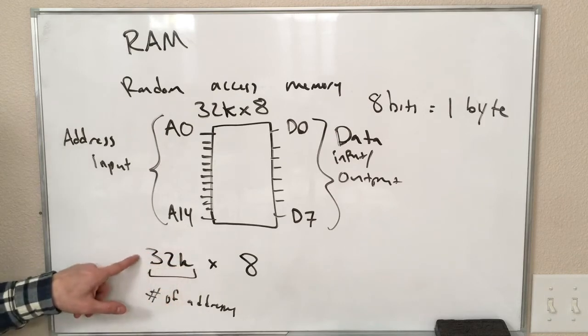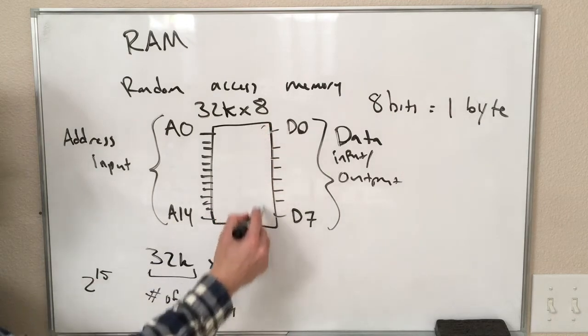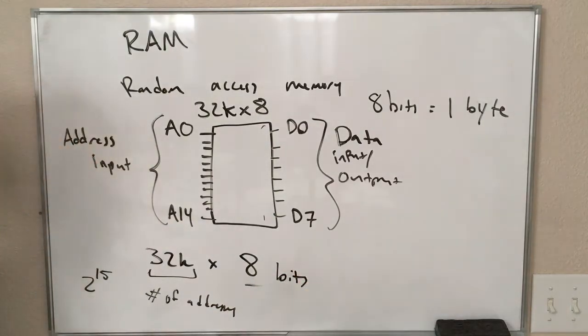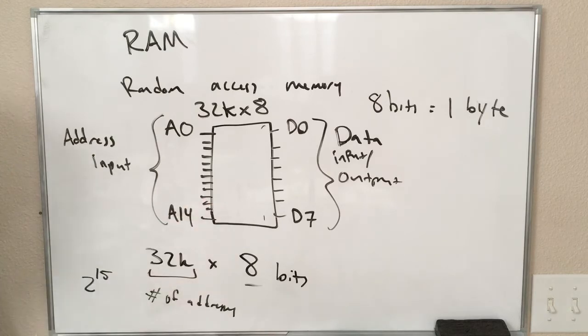There are 32,000 different locations in our memory, and each of those locations has 8 bits that it stores. So one byte of data, 8 bits of data. So this is 32 kilobytes of memory stored on this chip.